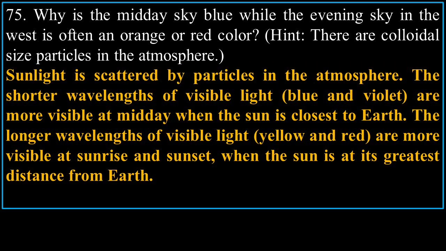It also works generally in high pressures, but the sunlight is scattered by the particles in the atmosphere. The shorter wavelengths of visible light, blue and violet, are more visible at midday when the sun is closer to the earth. The longer wavelengths of visible light, yellow and red, are more visible at sunrise and sunset when the sun is at its greater distance from earth.